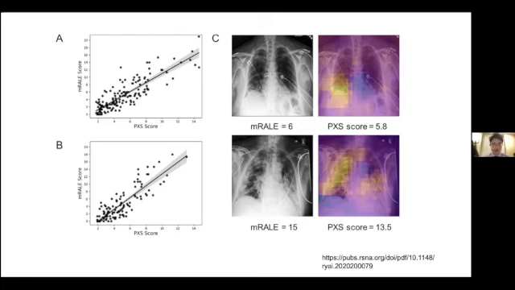In panel B, in our external test set at a separate hospital, you can see that that correlation is also maintained. In panel C on the right of the screen, you can see an example of a couple lungs with variable amounts of lung disease or lung opacities, and occlusion maps, which show the parts of the image or patches of the image that were important for the determination of the PXS score.